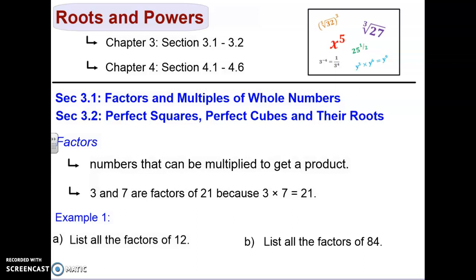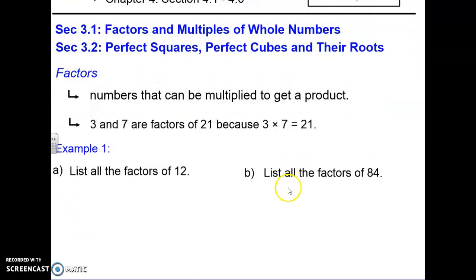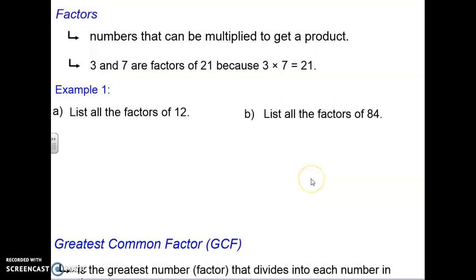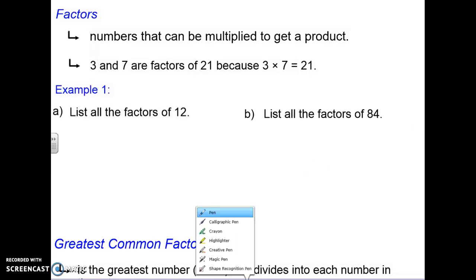So we'll do our first example here now, and we're going to list all of the factors of 12. If I think about my times tables charts from way back when, or if I want to start an organized list, I would think in my head, what are all the ways that I can multiply to get 12?